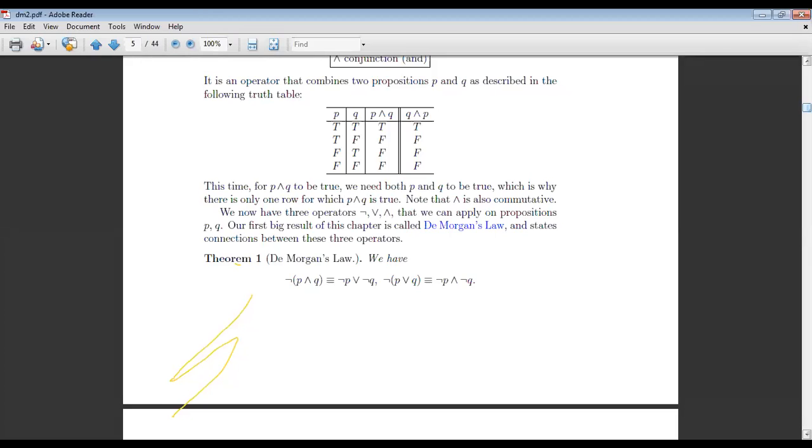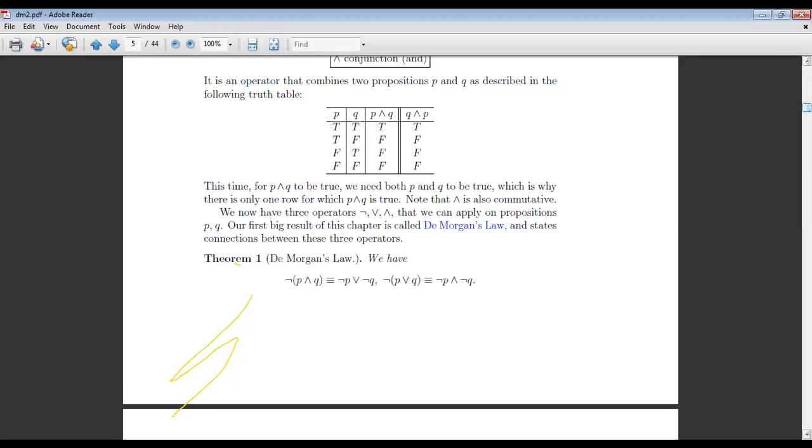You are making the truth table or not? See, the P conjunction Q column: true true is true, others are false.